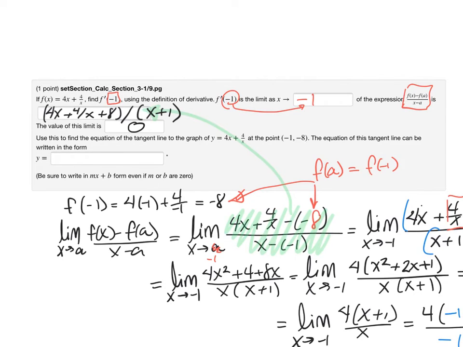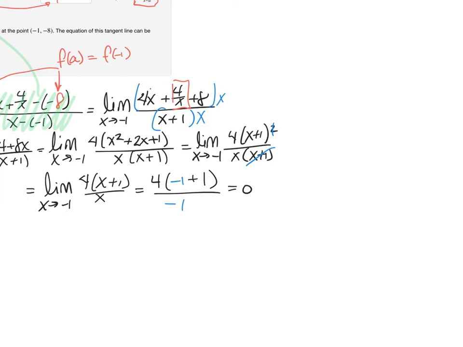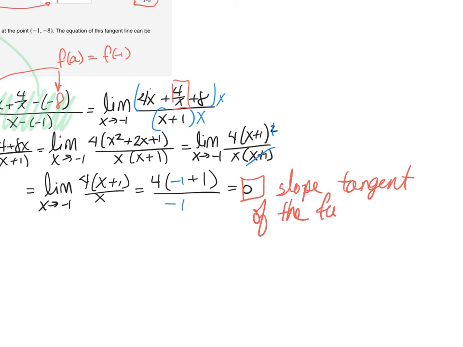Now, when we're finding the limit at a particular point, in this case we're finding the limit as x approaches -1, this value when we're finding the limit is the slope of the tangent line of the function at the x value, x equals -1.